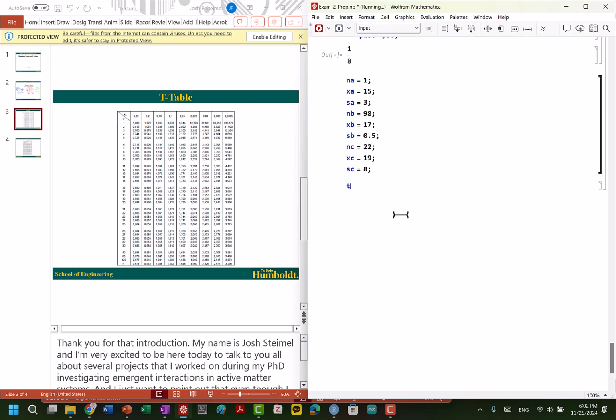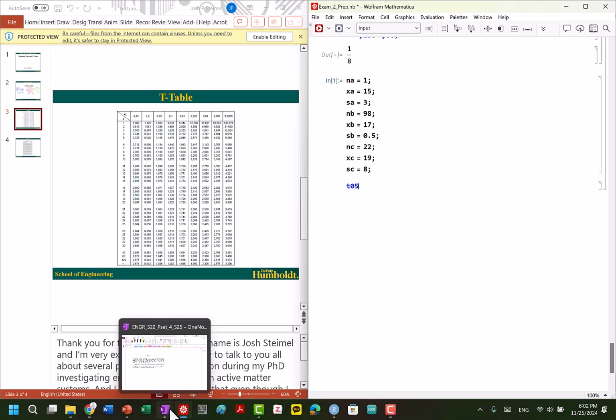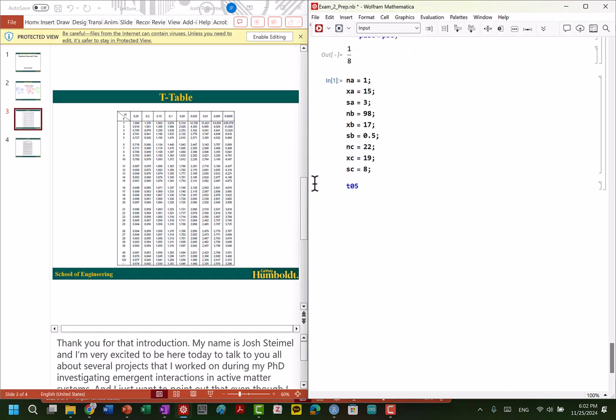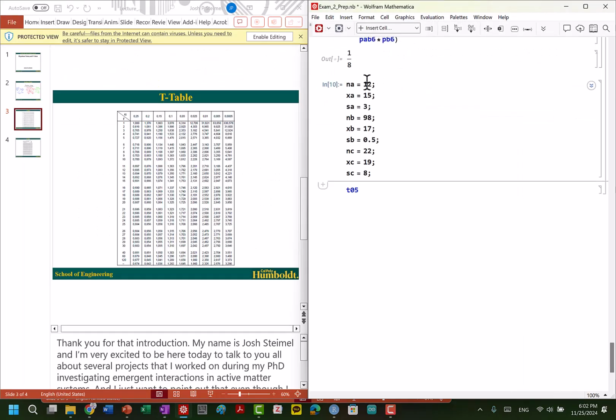So our t of 95, is it 90, 95? So 90, so that's 0.1 divided by 2, so 0.05. And then our number, let's look back. A was measured 12 times. So T05, 11, that's going to be 2.201.